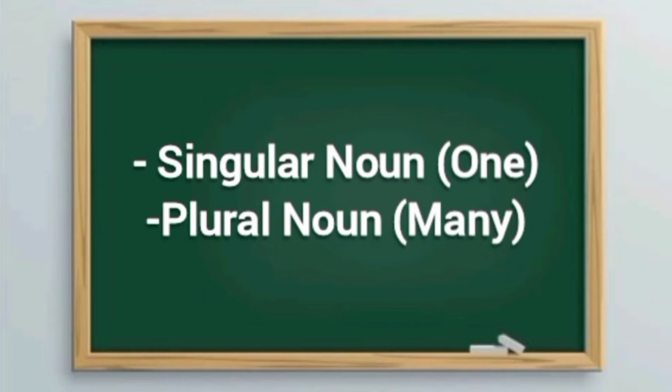Okay, because it is one, it is known as singular noun. But if it is more than one, if there are many, then it will be called a plural noun. Okay, so this is one and many. One is also known as singular noun and many can also be called plural nouns. So let us study about this in detail.